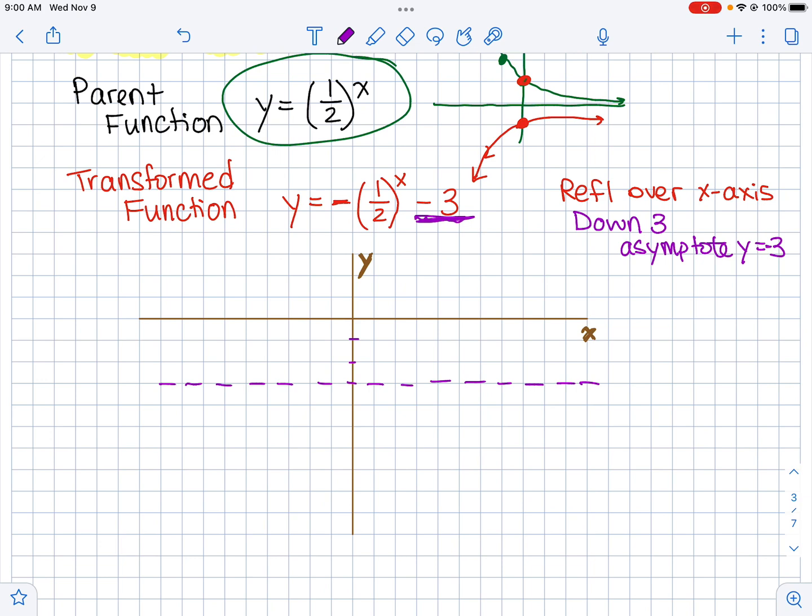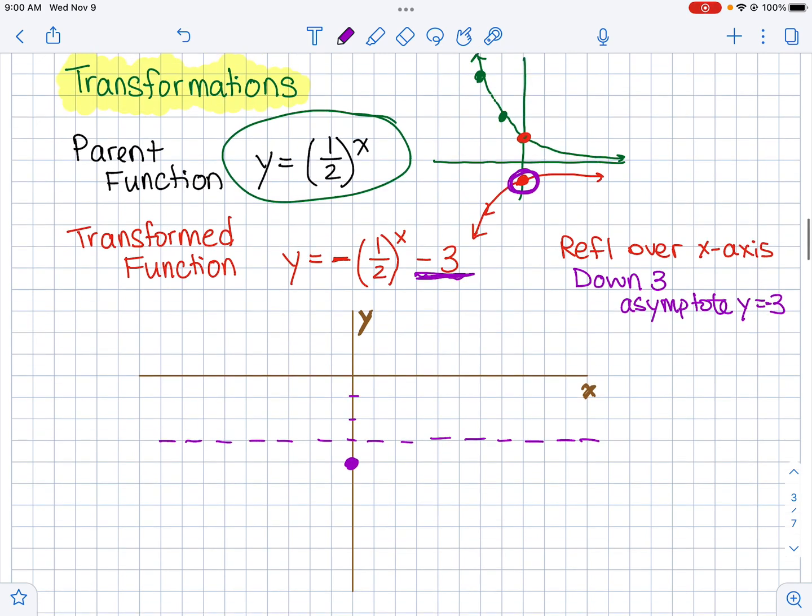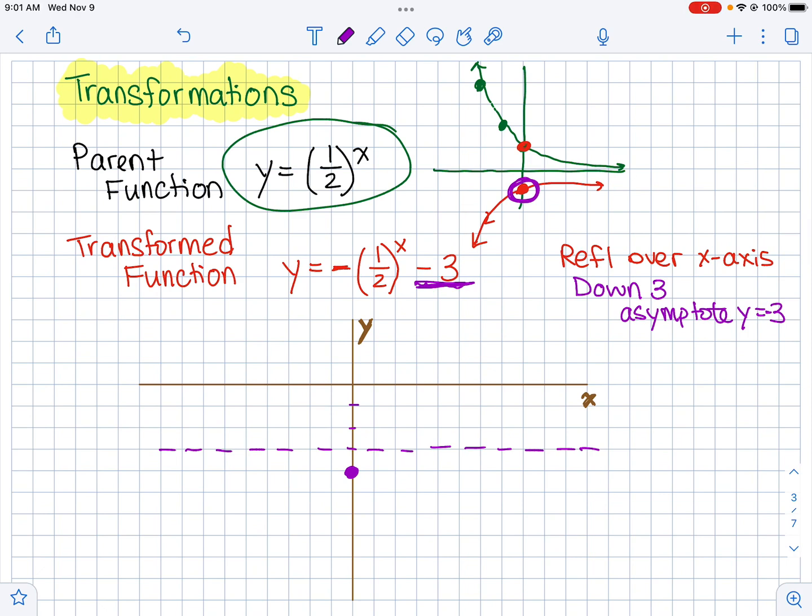And then the only other thing that's happening is a reflection in the x-axis. So my point that was once here at 1 is going to just get shifted down 3. So it's just going to be here now. And then I'm going to have the same... there's no stretches or anything. So I don't even need to sub in values for x or anything.